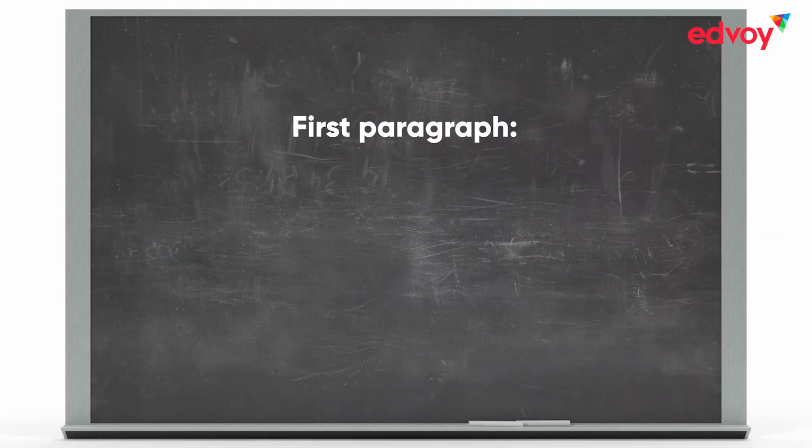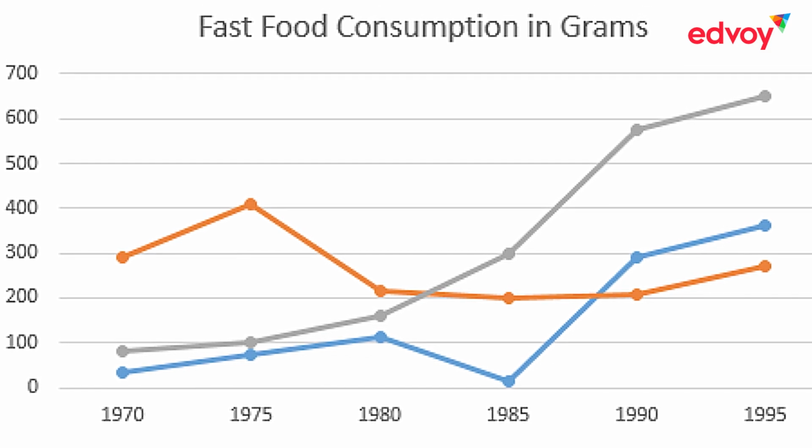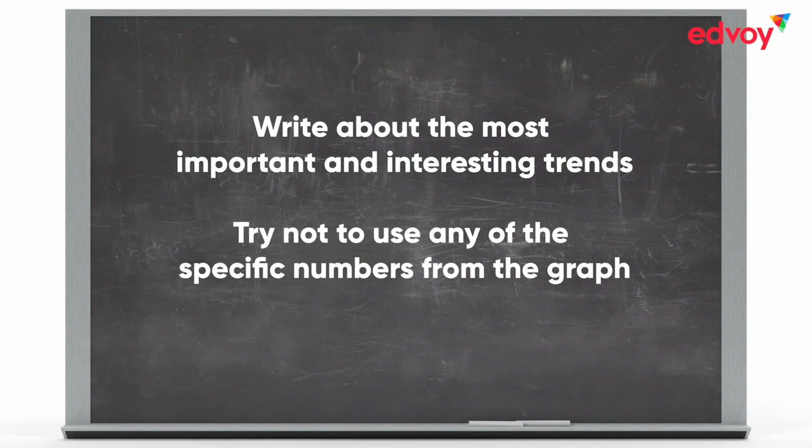For your first main paragraph, you'll only need to describe 2 or 3 general trends from the graph. Now we're going to try and select key information. Look at the lines. Is there anything really noticeable? Write about the most important and interesting trends without going into detail and trying not to use any of the specific numbers from the graph. Are there any peaks or troughs?